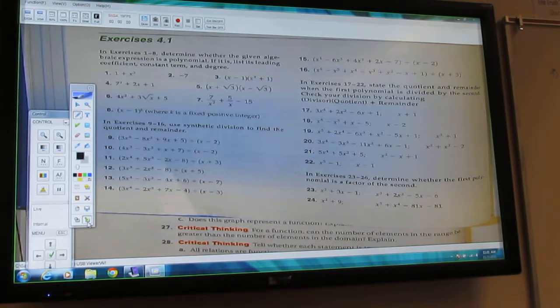To be a polynomial, right, you have to have an exponent that is a whole number, a non-negative integer. Okay? That means a square root is not going to work if it's the square root of an x.